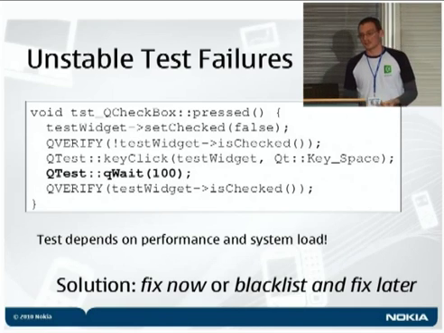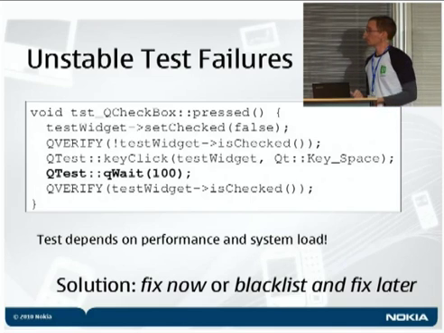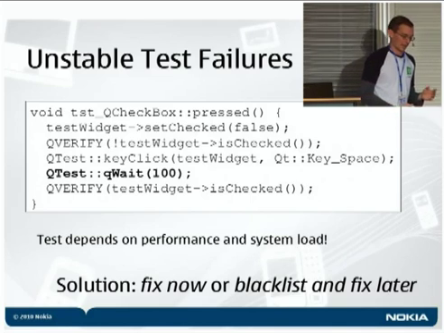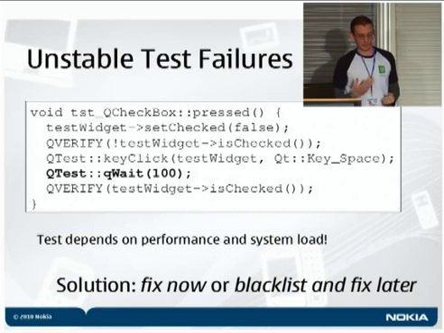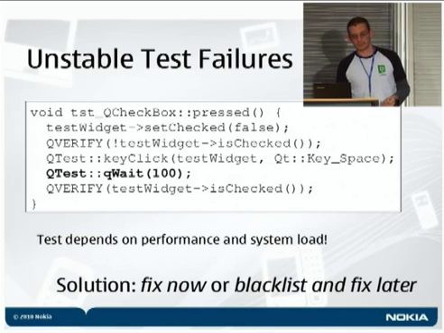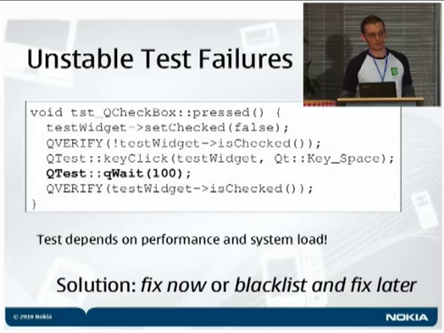But in practice, this happens so frequently that our strategy at the moment is to just have a blacklist of tests. These are tests that we know are low quality, and we still run them and we still record the results, but they don't have an impact on the positive or negative result returned by the system. Okay? And we are definitely looking for a better solution for these problems as well.